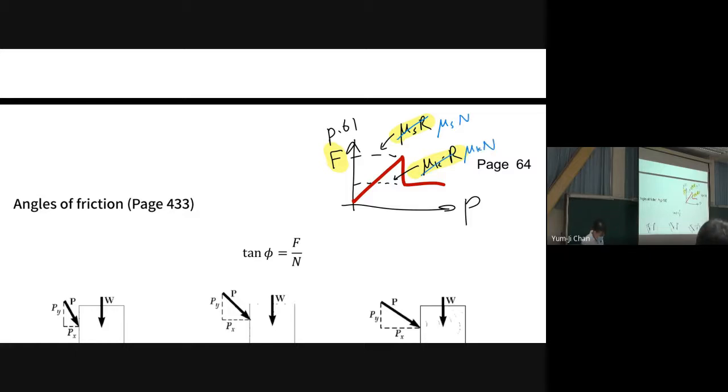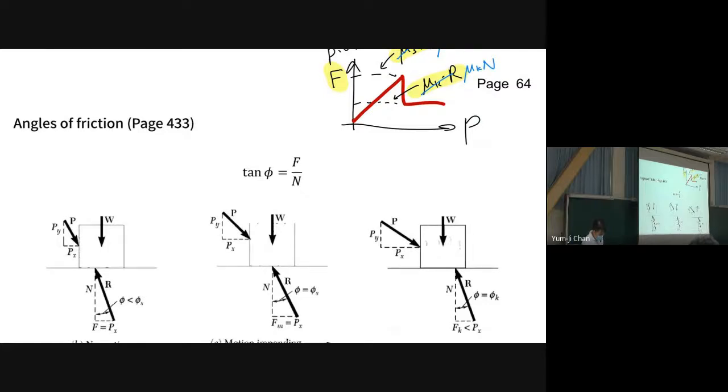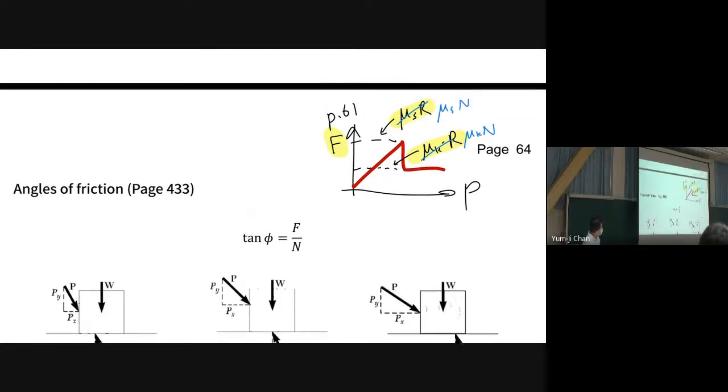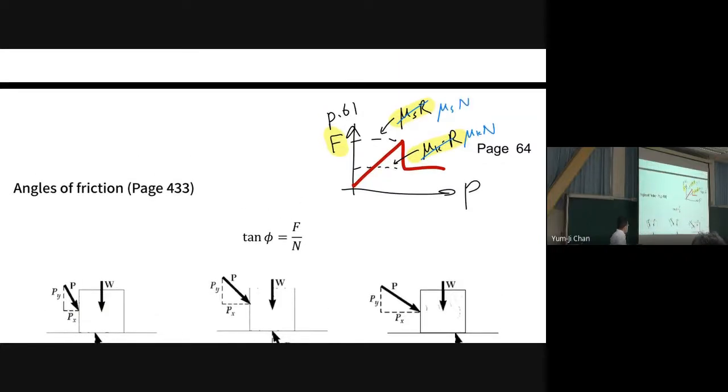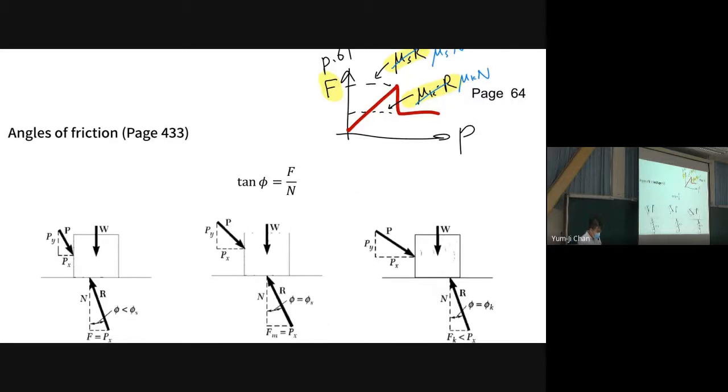On the figure below, we can see that these two values of F are related to N. N is perpendicular to the surface, and F is along the surface, so these two are at 90 degrees.